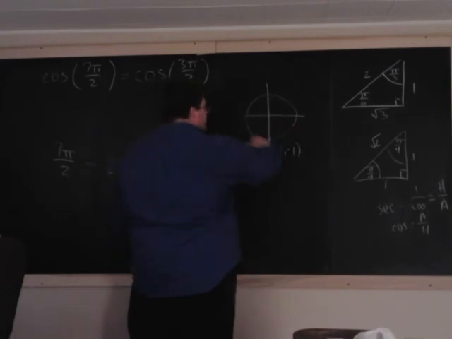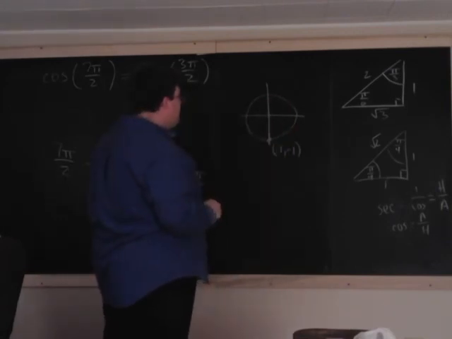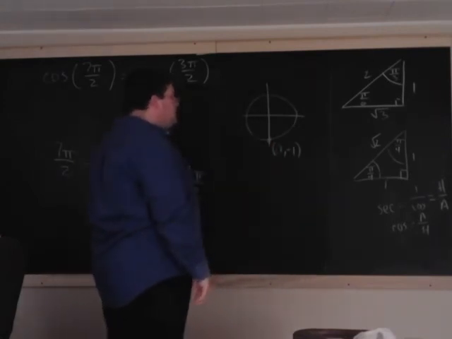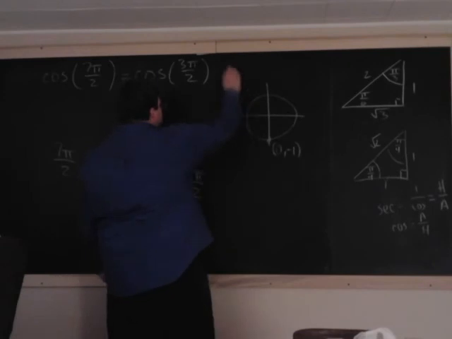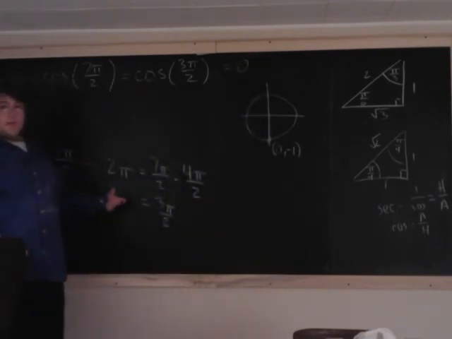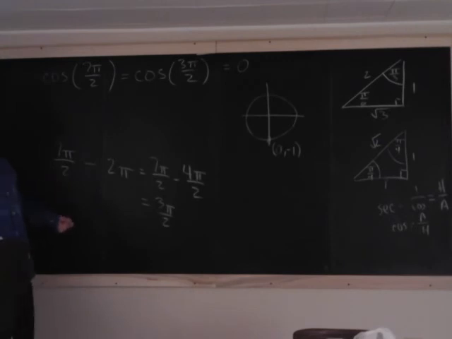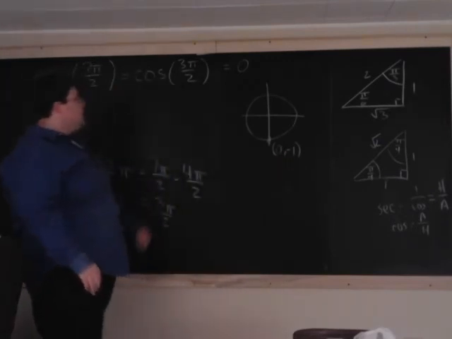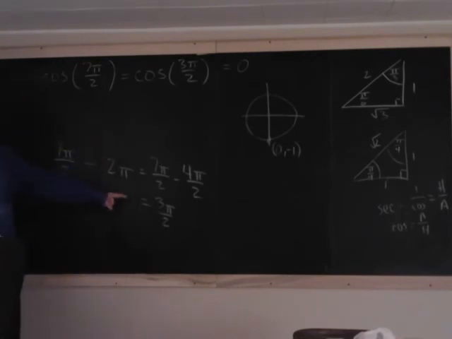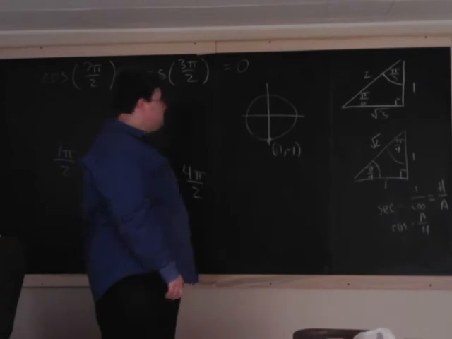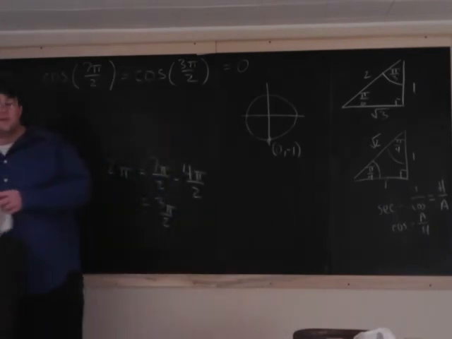Here's the point on the unit circle where angle 3 pi over 2 hits. Cosine of 3 pi over 2 is the x-coordinate, which is 0. If this question said find sine of 7 pi over 2, it would be -1, because that's the y-coordinate. But we have cosine of 7 pi over 2, which is the same as cosine of 3 pi over 2, which is 0 from the unit circle.